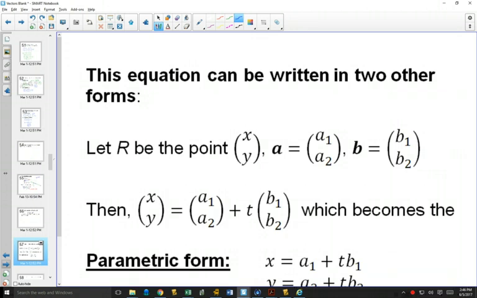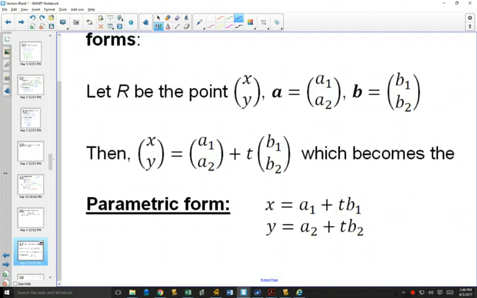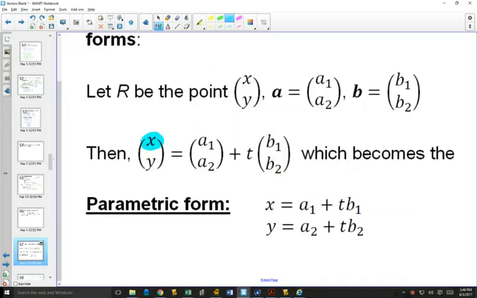So now we take this equation and we break it down. We can look at 2 dimensions or 3 dimensions, but if we think of R as being a point, and A as being a point or a position vector, and B as being a position vector, then looking at this equation and just looking at the x coordinates, the x coordinate is going to be this plus this times this, and your y coordinate is going to be this plus this times this.